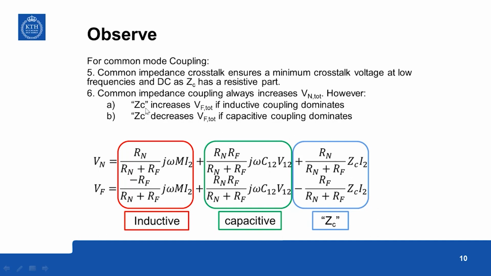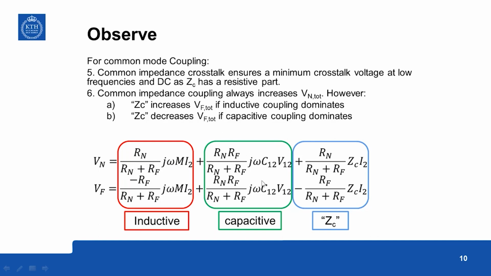However, ZC increases Vf total if the inductive part is dominant. So if this part is negligible, if it is a low impedance circuit in general, this part may be dominant, then common impedance coupling increases the far end crosstalk and also increases the near end crosstalk.